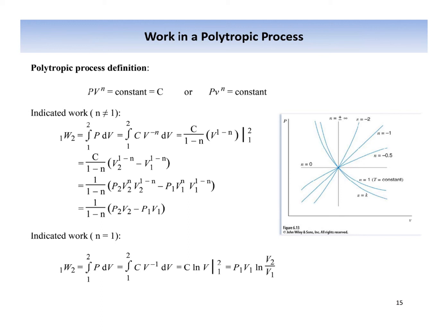A polytropic process is a process in which if we take pressure at any state and volume at any state and take its nth power, P into V to the power n is equal to constant. This product remains constant. So if we change the value of n, the system takes different paths during this process of going from state 1 to state 2.